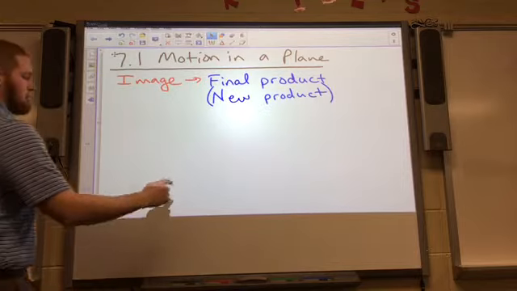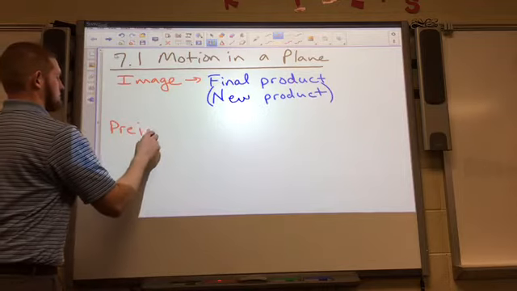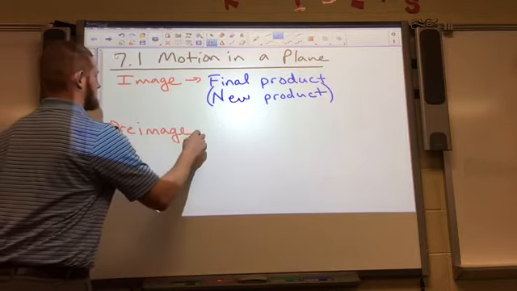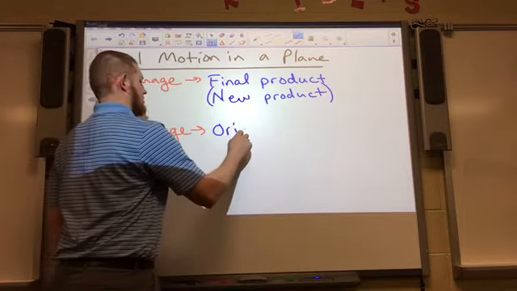What you start with is called your pre-image. Your pre-image would be your original image.